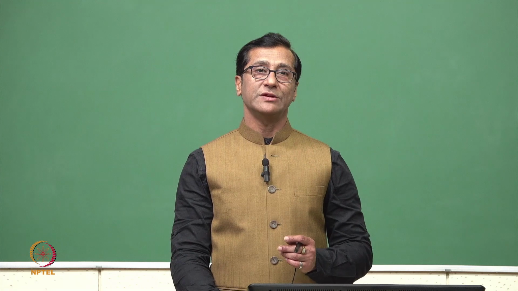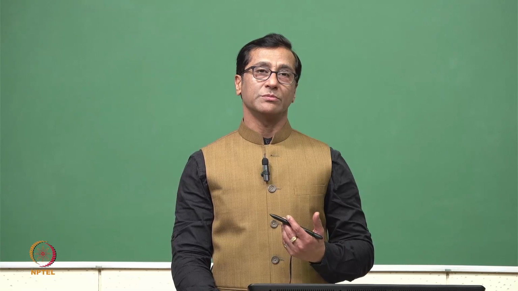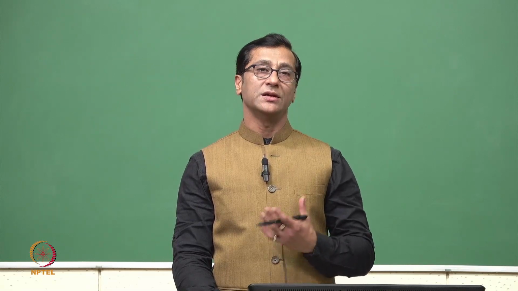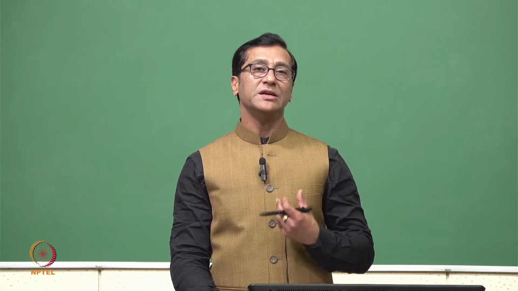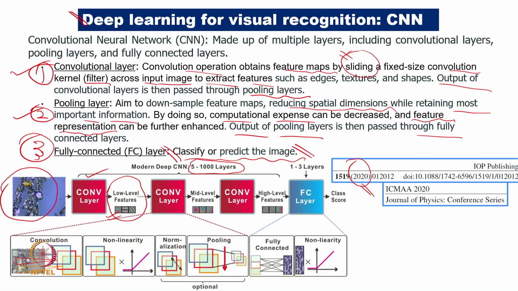What is the meaning of low level features? If I try to give some sort of comparison, in a human being we have a nose, we have eyes. These are the features which can be immediately recognized. So the low level features can be extracted easily. Then go for a little more detailed, then go for the more detailed ones. So it is going layer by layer so that we can extract more and more features.